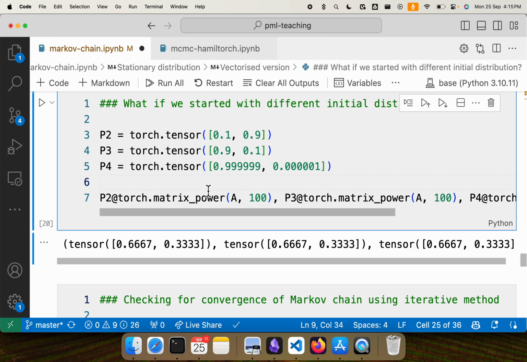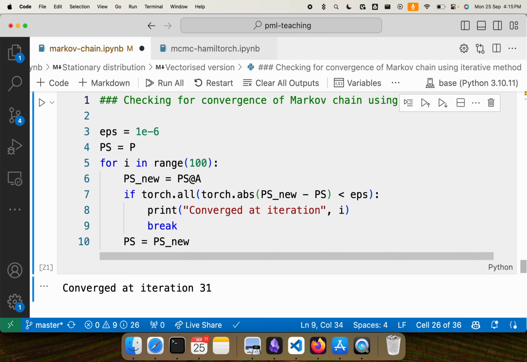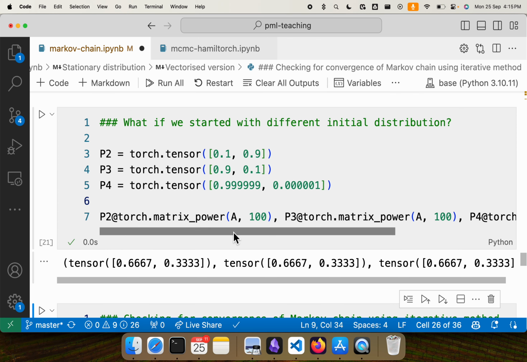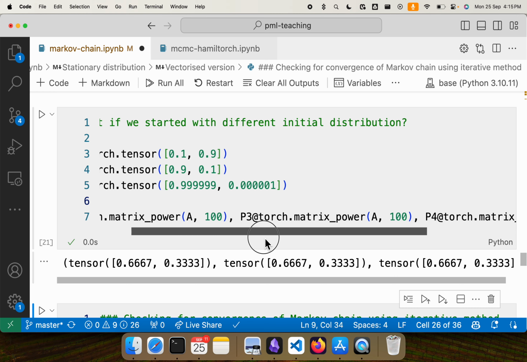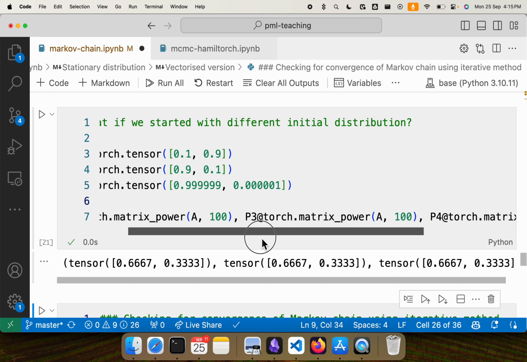And you still have each state reachable from the other state. You start with rainy, you will have some non-zero probability of reaching sunny and vice versa. So if you run this, irrespective of what prior probabilities you choose, you will have the same stationary distribution after some number of iterations.